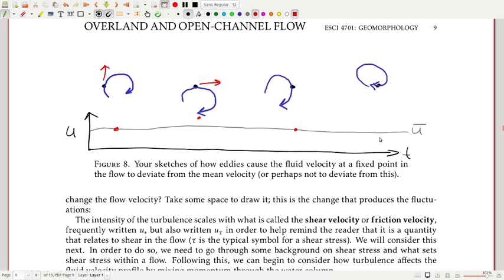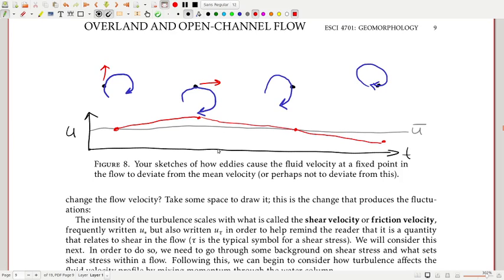And here, this eddy is pushing the flow backwards, so we're going to get a value where the eddy is actually subtracting a little bit off from that mean velocity. And so from this, we end up getting something that looks like this, where we have this mean velocity and then we have the variation about it.